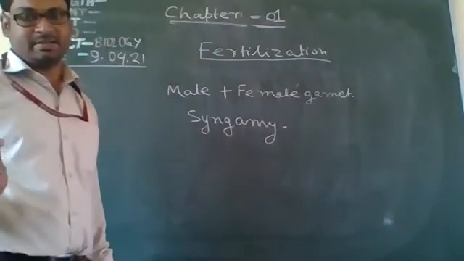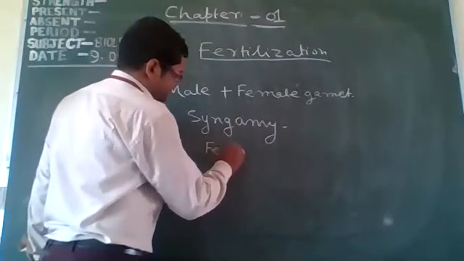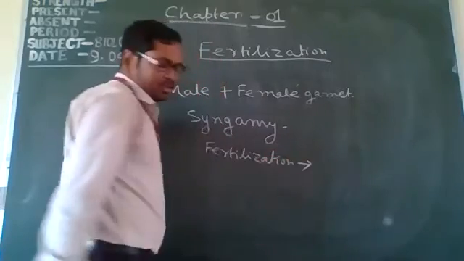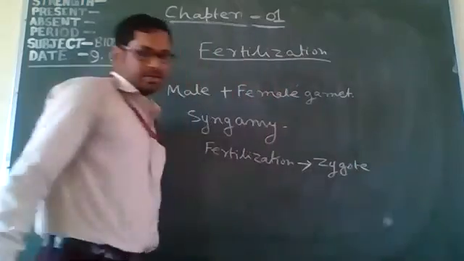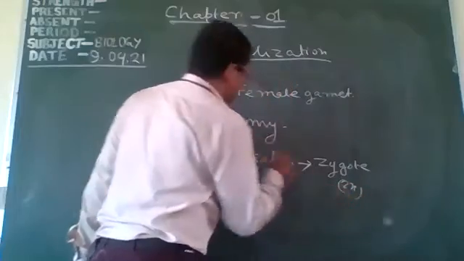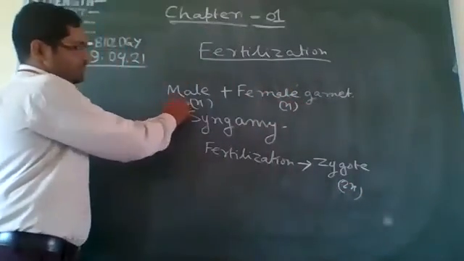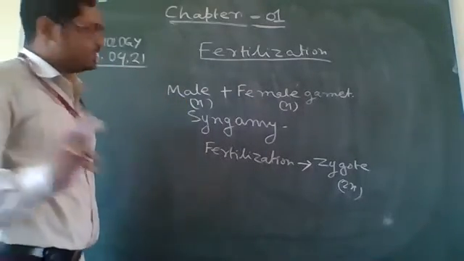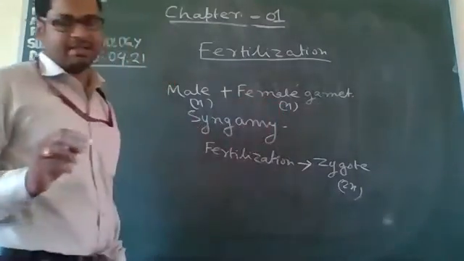After fertilization, the zygote is prepared. Here the zygote is diploid, 2N. In the case of plants, male means pollen grain and female gamete means egg cell.